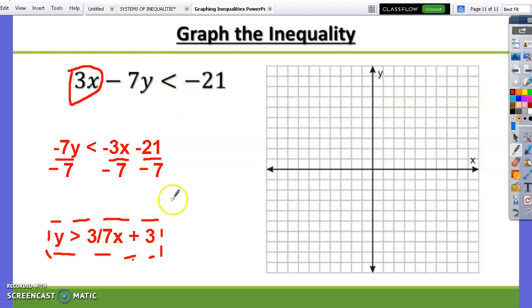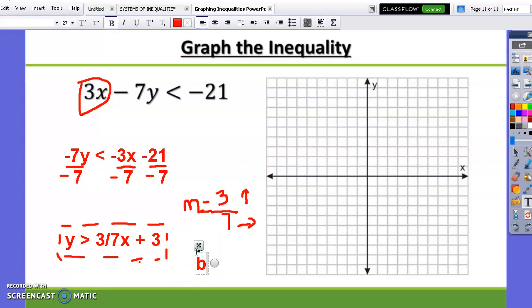Okay? So my slope here is positive 3 over 7. It's an equal sign. So positive 3 is up. 7 is to the right. And my b, or my y-intercept, is 3.